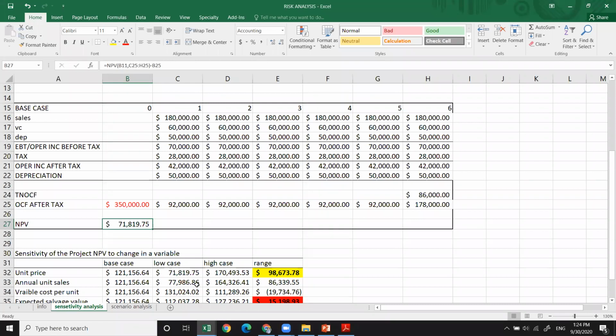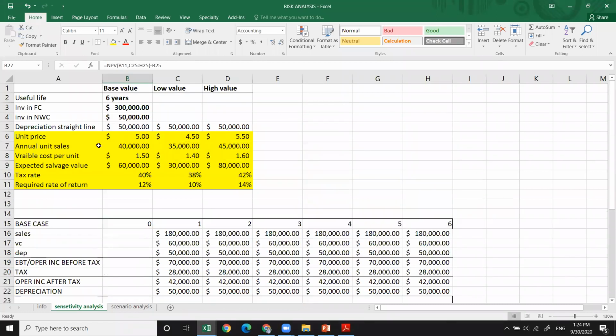Now, my turn to change the annual unit sales. My annual unit sales is not 40,000, but it's 35,000. Everything remains at the base case, but only the annual unit sales change.